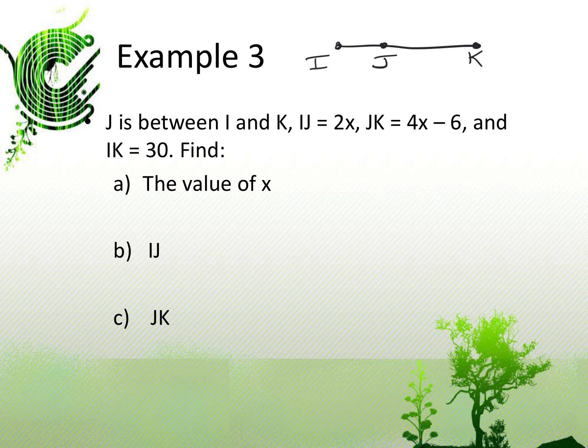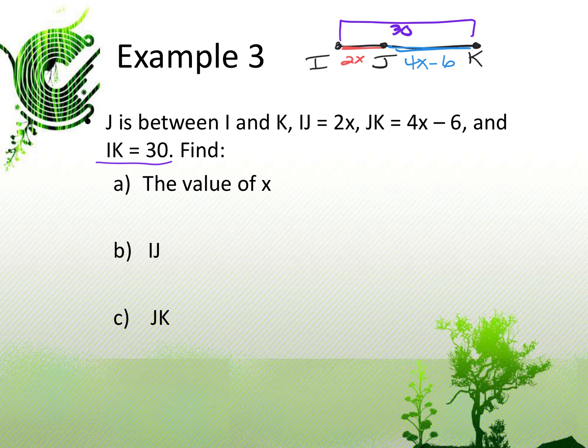So it says that IJ, so from here to here, it's 2x. And then the next piece, JK, here to here, is 4x minus 6. And then they're giving me the length of the whole thing, IK, and they're telling me it has a length of 30.